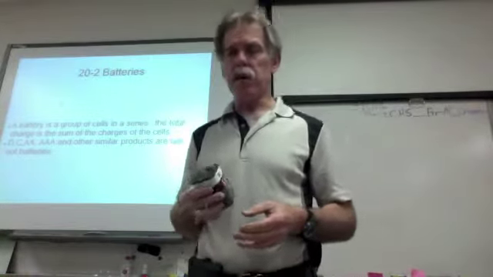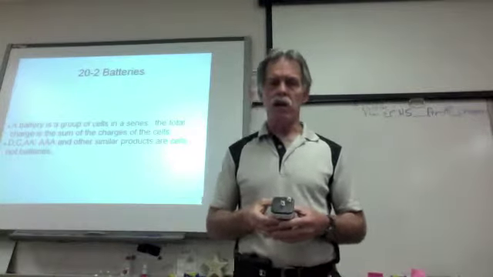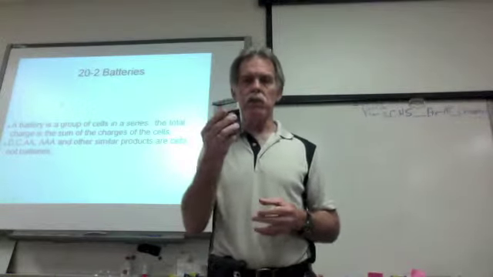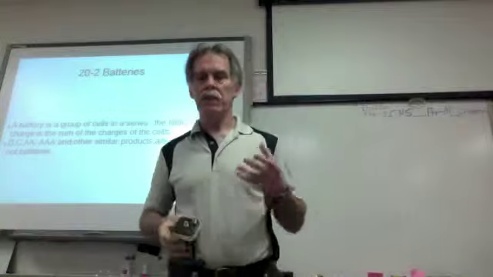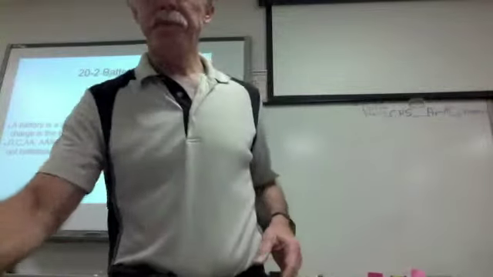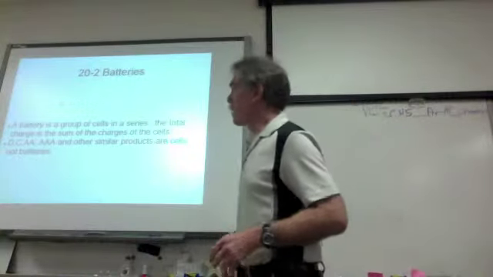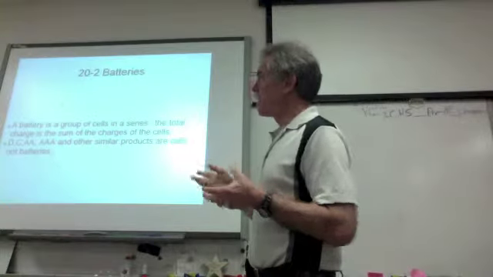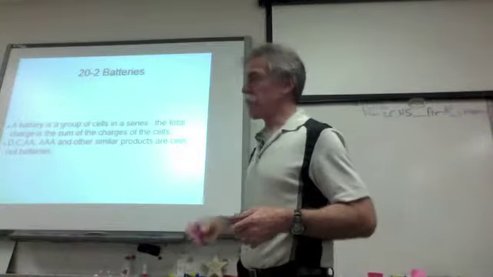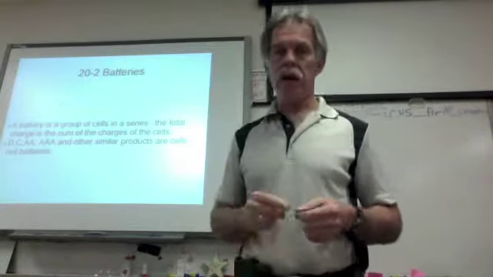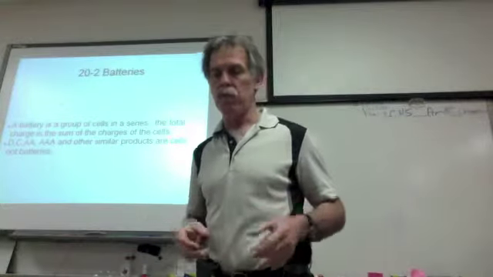So if you have something more than 5, chances are it probably is more than one cell put together in a series. That's how you add up the voltage. So we're going to talk about batteries and cells. A battery is a group of cells that are put in series to total up a voltage.